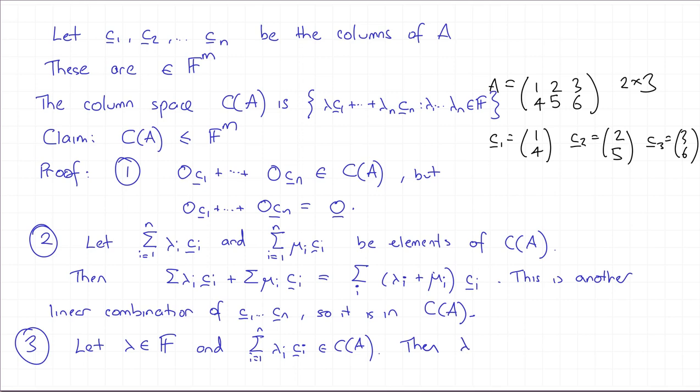Then if you do the scalar multiplication, so if you work out lambda times the sum of lambda i ci, then of course you can move scalar multiples through sums. So this is equal to the sum of lambda times lambda i times ci, which is a linear combination of C1 up to Cn. So it is again an element of the column space. We have proved that the column space is closed under scalar multiplication, so it is a subspace.